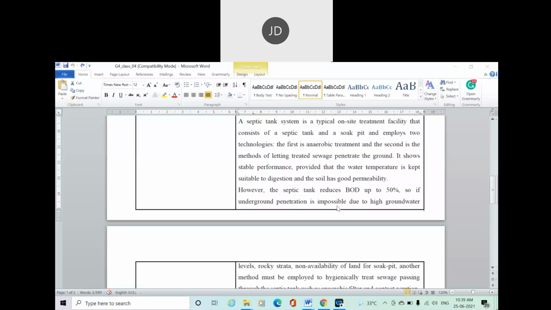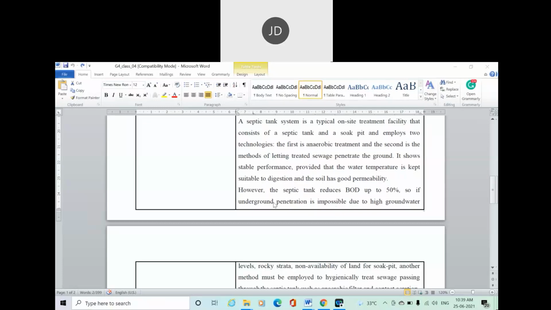Because what is the purpose of a soak pit? To allow wastewater to penetrate into the ground. And if the groundwater level is so near the ground, the wastewater directly goes to the groundwater and it will pollute the groundwater. So you also need to check whether the groundwater level is near the ground or not.